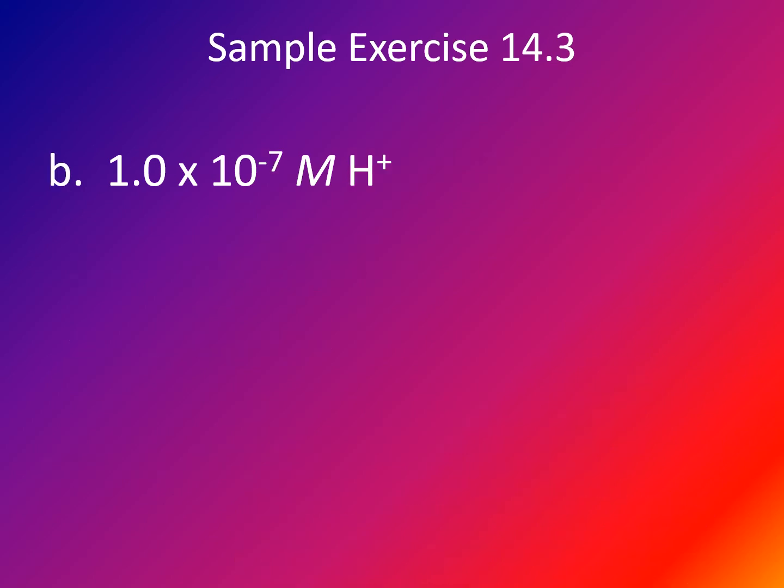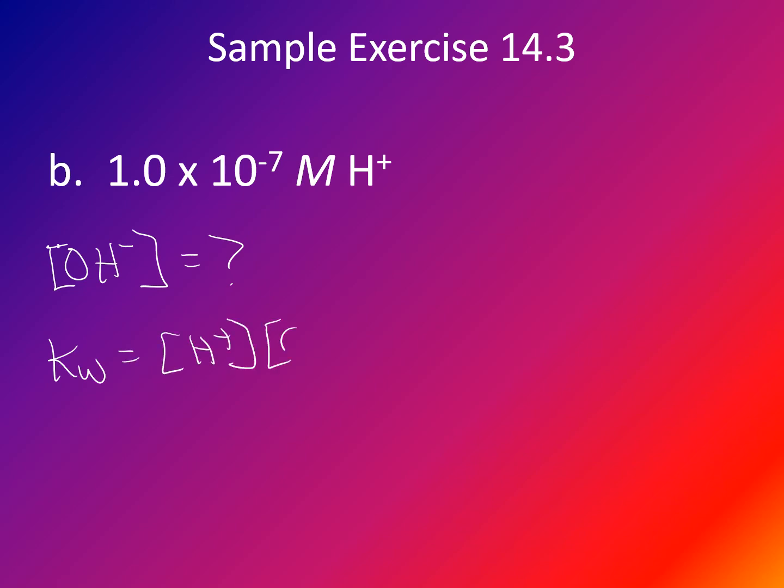Our next one. This time, we have 1 times 10 to the minus 7th molar hydrogen, and we're trying to find our hydroxide. We're using the same equation. Kw is equal to your hydrogen multiplied by your hydroxide concentration.